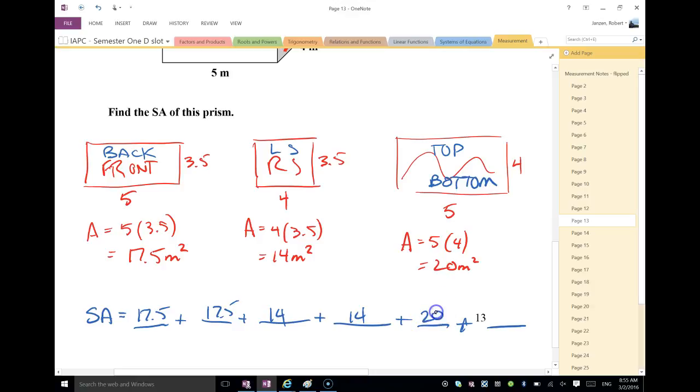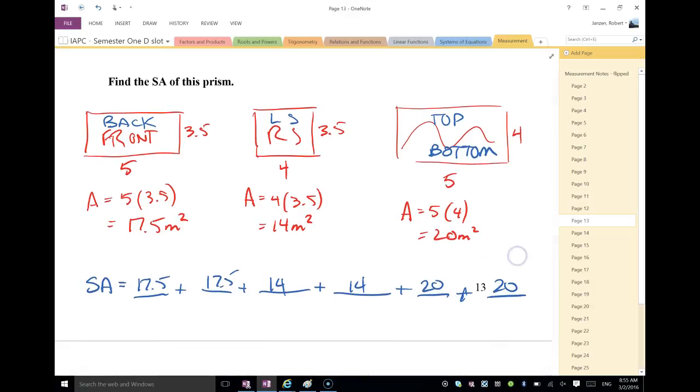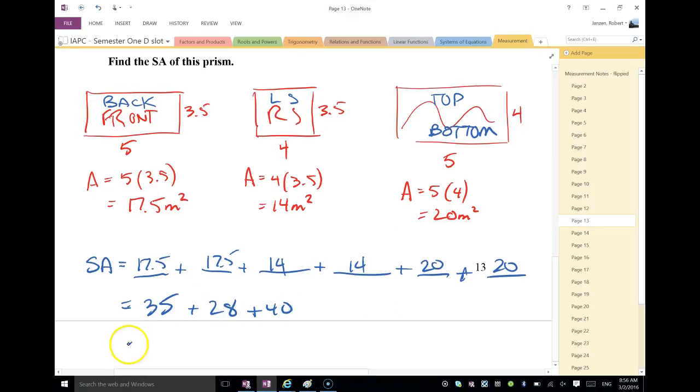And I've got the top and the bottom. Okay, so adding those all up, you get 35 plus 28 plus 40. And that's going to be 68, 98, 103 meters squared.